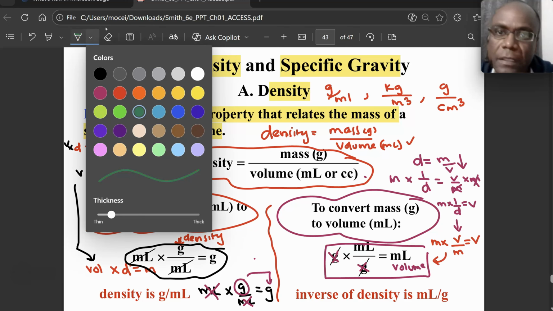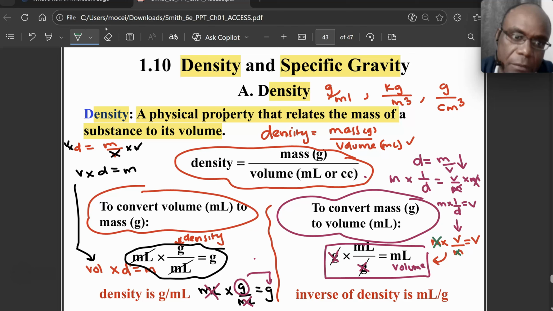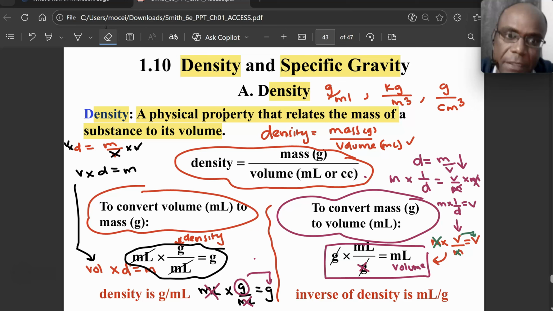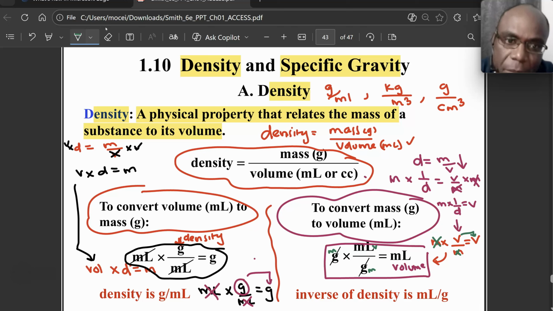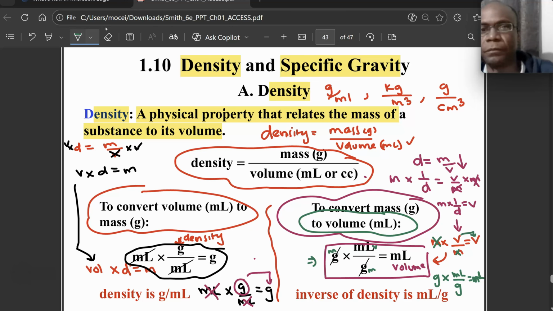You do this, m and m will cancel, only v survives. And that is why you see here we have a g and a g. That g is just the mass, and this is the volume. So if you can memorize this relationship, grams times ml over grams equals ml, then you will easily do any calculation that is asking for volume. So density can help you to relate so many things.